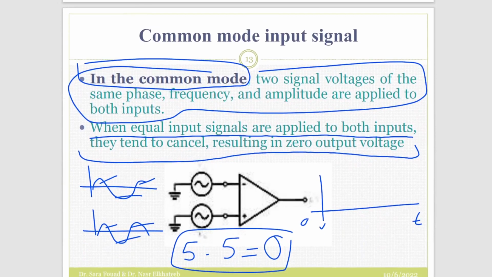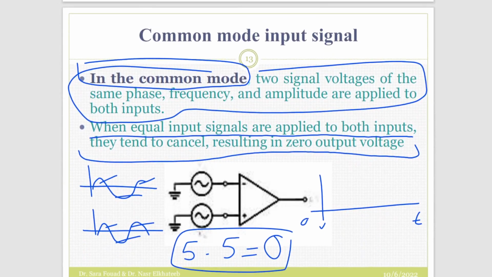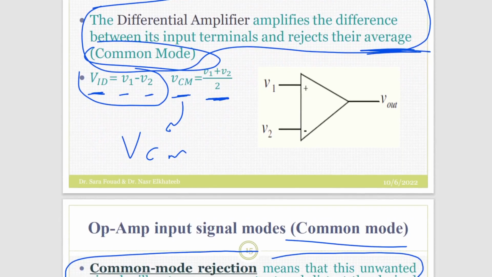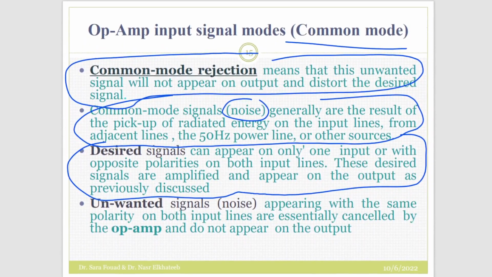But the common mode is not going to give us an output. And if there are small differences, called noise, these noises are going to be cancelled and not appear in the output. So this is what this slide talks about.